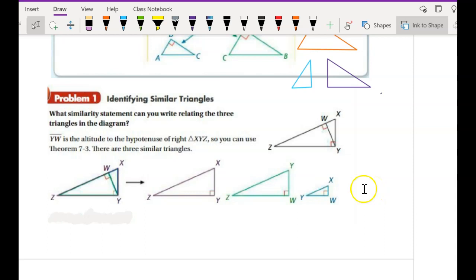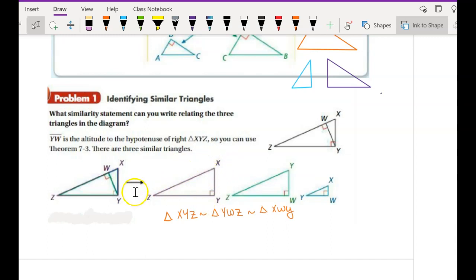So we know that triangle XYZ is similar to triangle YWZ, which is similar to triangle XWY.